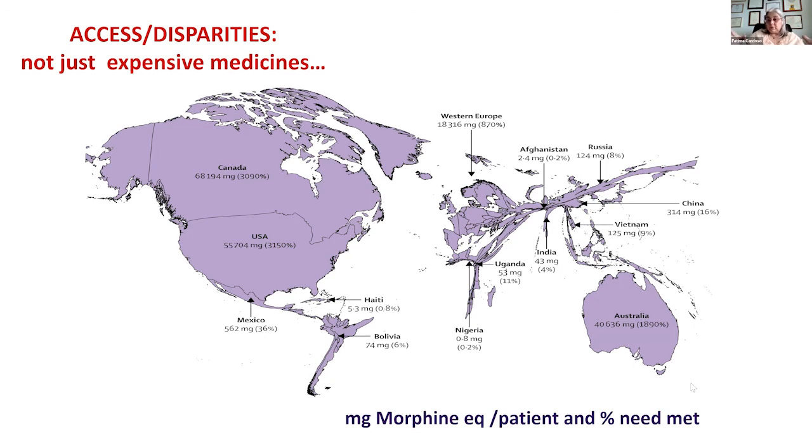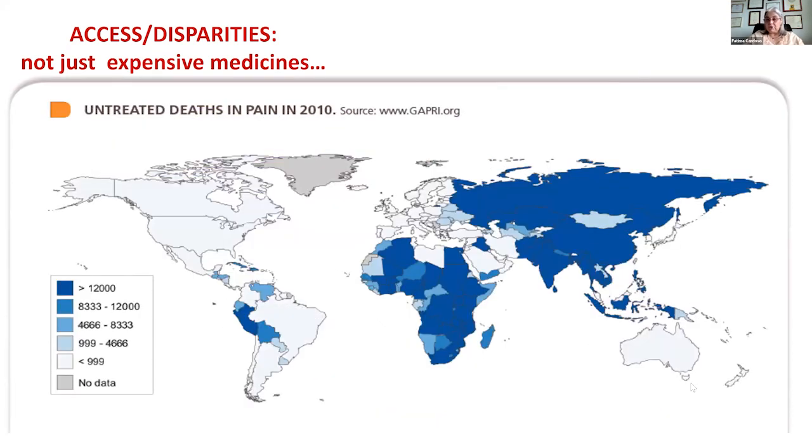In other areas of the world, they are abusing this type of medication, right? And this is directly linked to this other map that shows people who die in pain. So cancer patients who die in pain. Maybe we cannot always avoid death, but we can almost always avoid pain. And it is not fair that in so many countries, so many people are dying in pain. So this is something else that we as advocates need to continue to advocate for.